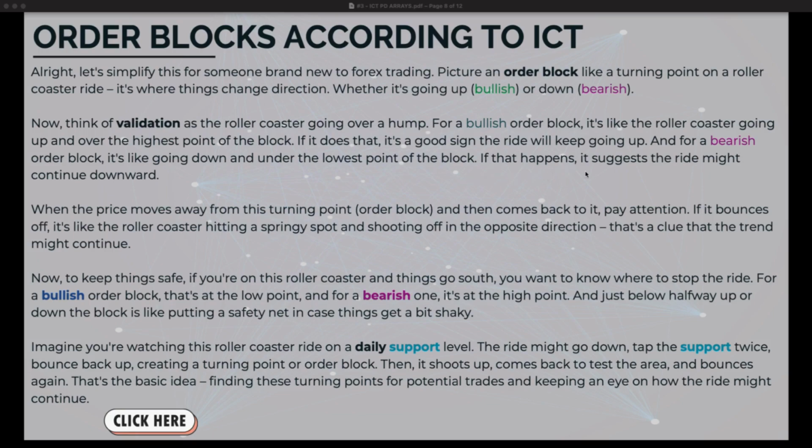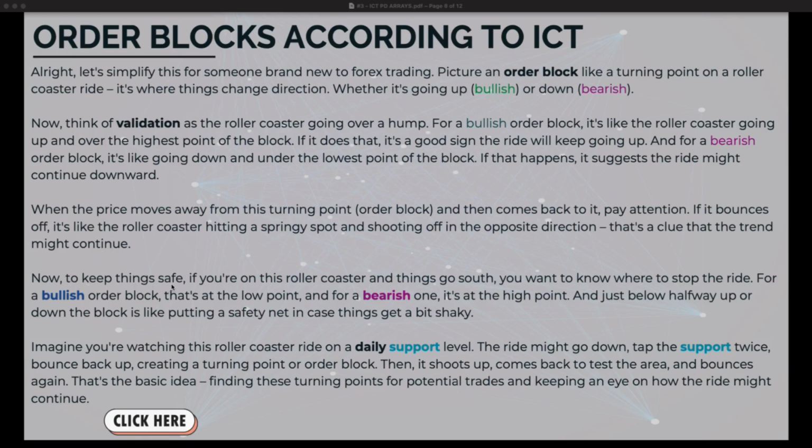If that happens, it suggests that the ride might continue downward. When the price moves away from this turning point, and then comes back to it, pay attention. If it bounces off, it's like the roller coaster hitting a springy spot and then shooting off in the opposite direction. That's a clue that the trend might continue.